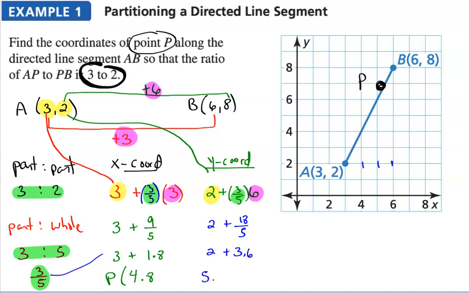This will give me 5.6. And if I graph that, here's 4, here's 5, so 4.8 is somewhere around here. If I follow that all the way up, it should get me right around 5.6. And that's partitioning.